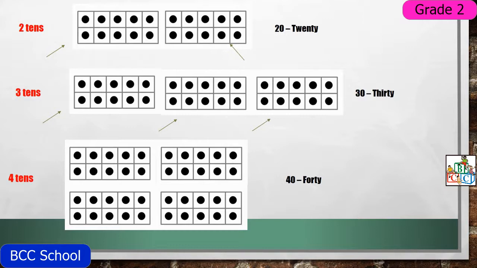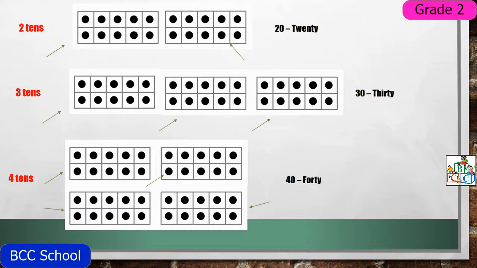T-H-I-R-T-Y, 30. Next, we have 4/10 frame. Can you see this, the 4/10 frame in front of you? Maintenant, dites-moi vous-même. How much is 4/10? 4/10 is 40. If you count the number of dots that we have in total, 40 dots.